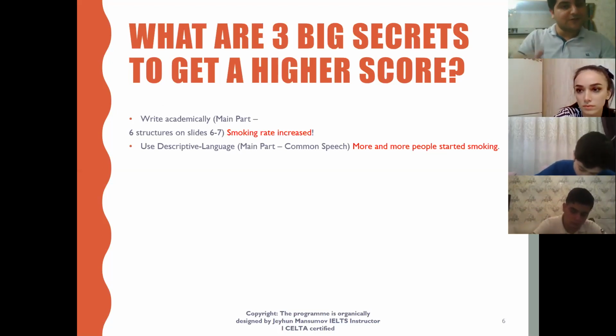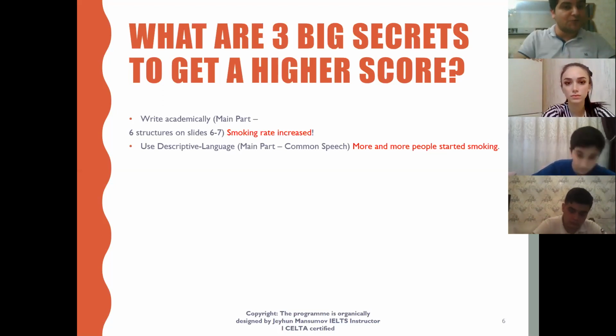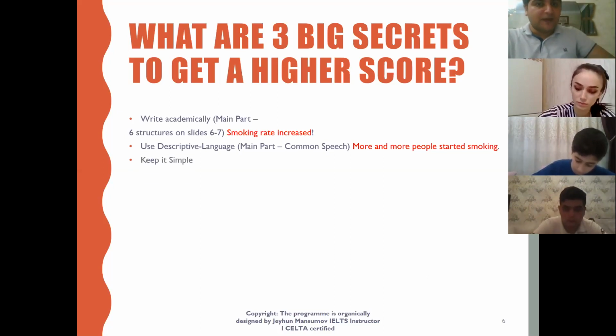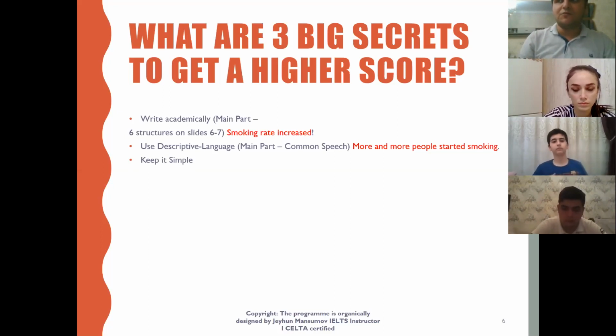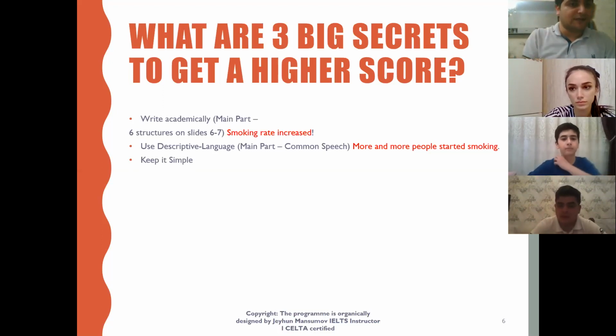So this is why I always say that not only academic style, but also common speech in writing reports is important. But sometimes candidates misunderstand the use of academic writing, and they put in too much academic language and make the paper complicated.